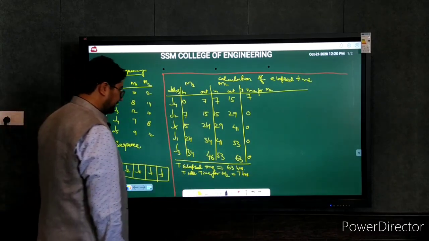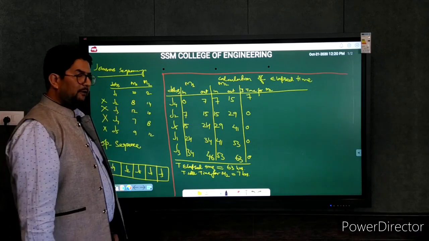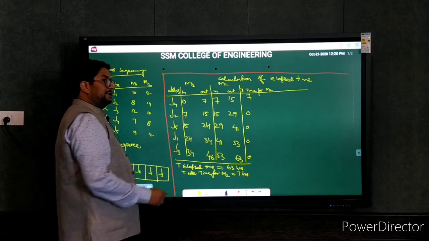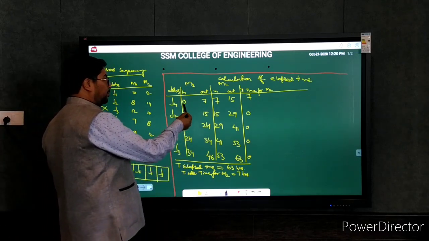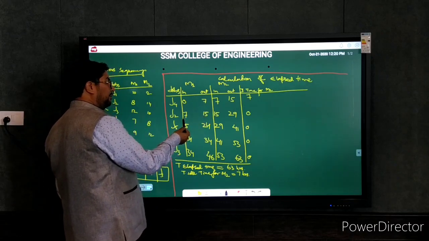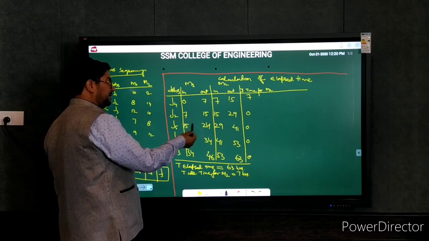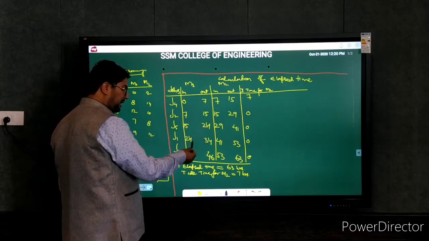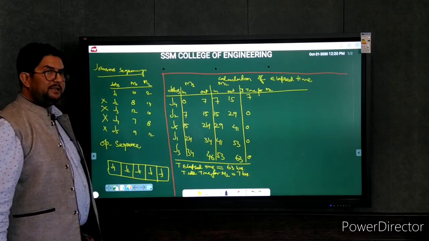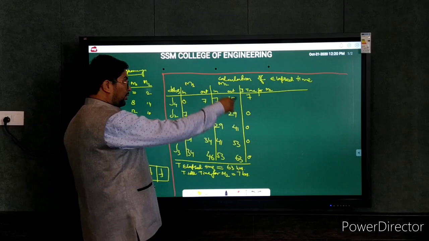Now there is a question: what is the idle time for machine 1? If we see, machine 1 was never idle during the process. It took the first job on 0, completed on 7, took the next job on 7, completed on 15, took the next job on 15, completed on 24. It was never idle during the process. But yes, it has idle time as well. What is the idle time?